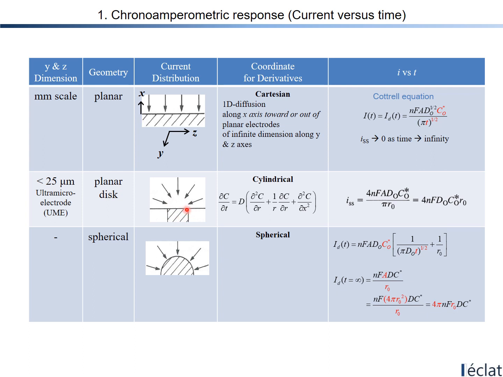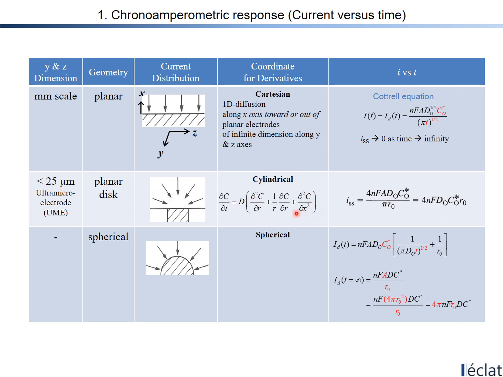In that case, you cannot use the very simple Cartesian coordinate system for the Laplacian operation. You should use the cylindrical coordinate system for the Laplacian in Fick's second law: dC/dt is equal to diffusivity times the Laplacian.